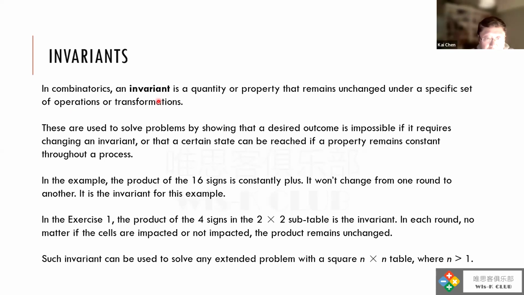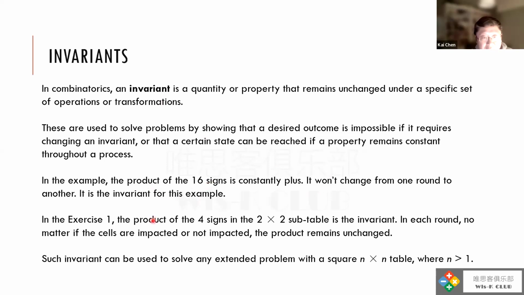And of course, the key to this question is to find that in the initial status, the invariant has such a value, and in the desired ending situation, you have another value. If you have another value, then it's not possible, right? So in the example, we use a product of 16 signs.